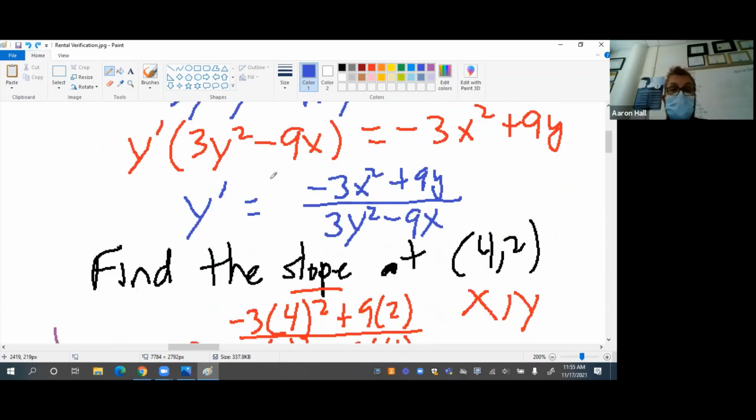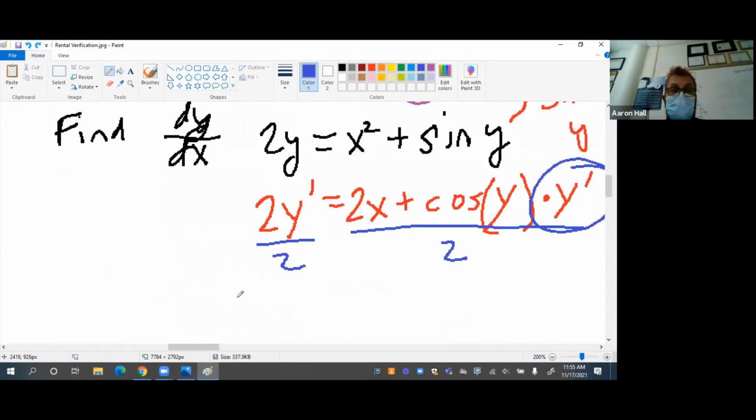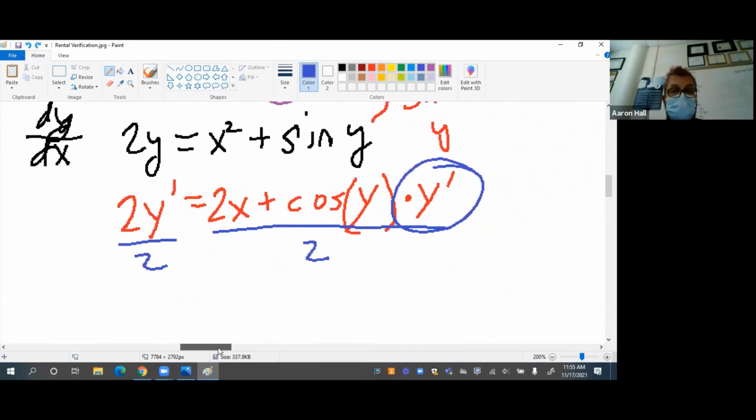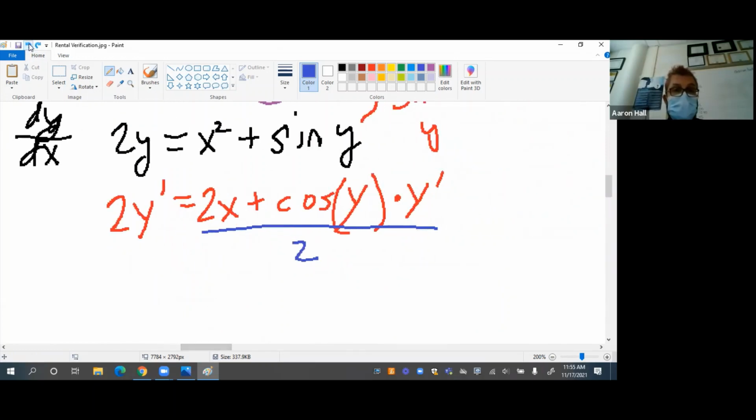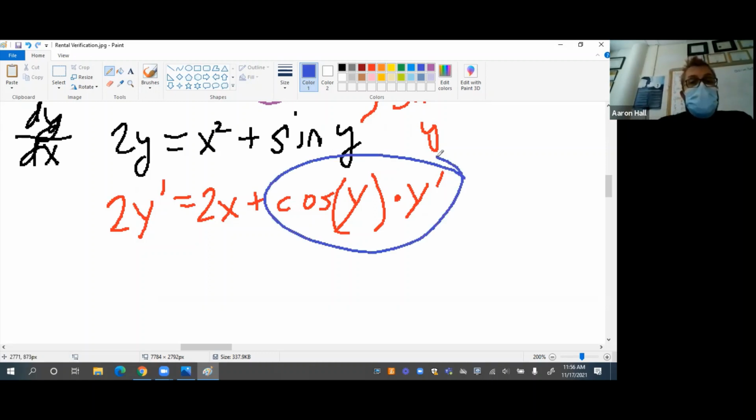That's why. So let's do that here. So we're not going to divide by 2. What are we going to do instead? This has a y prime and this has a y prime.